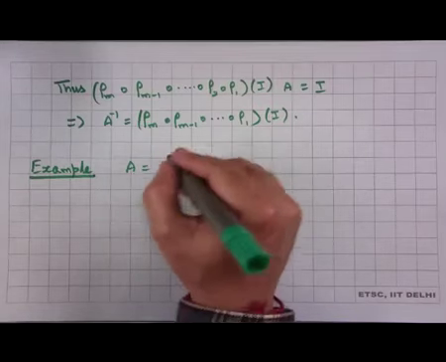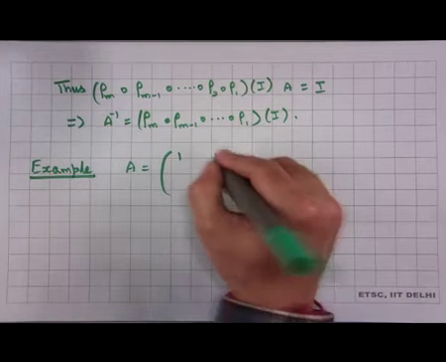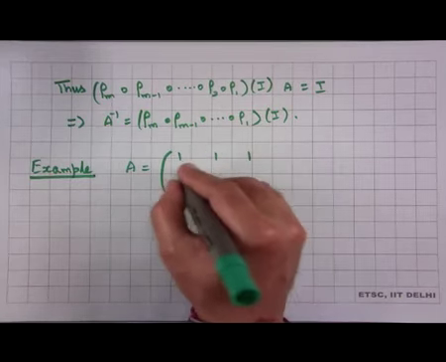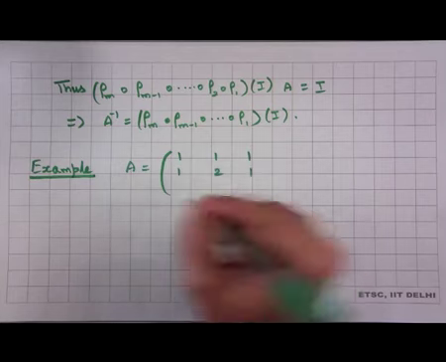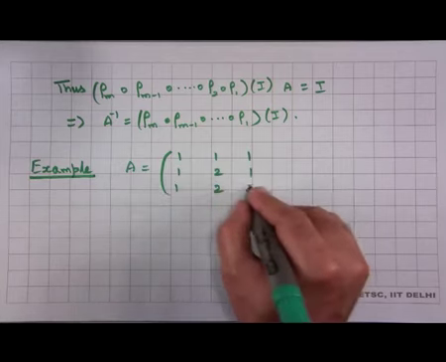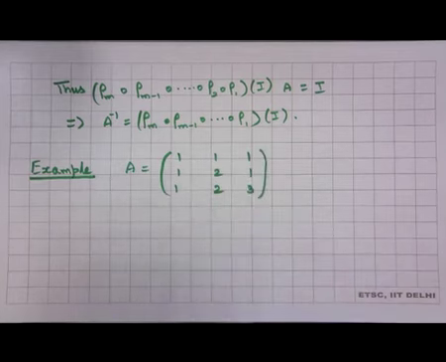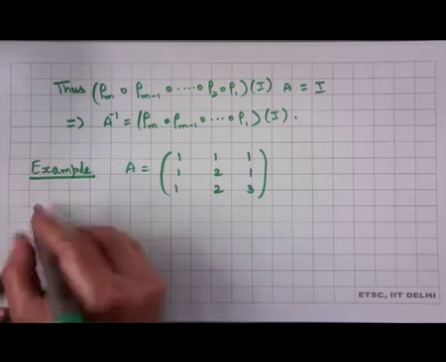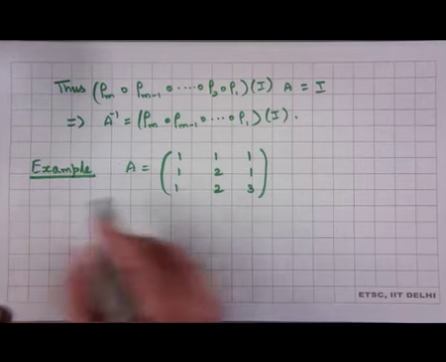A equal to 1 1 1, 1 2 1, 1 2 3. This is the matrix that we have. So, let us try to find the inverse of this.